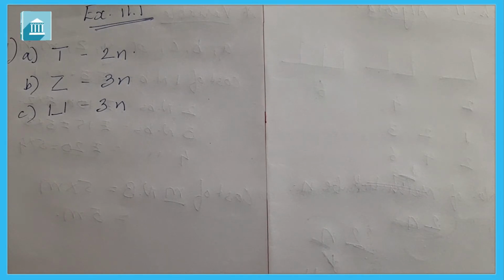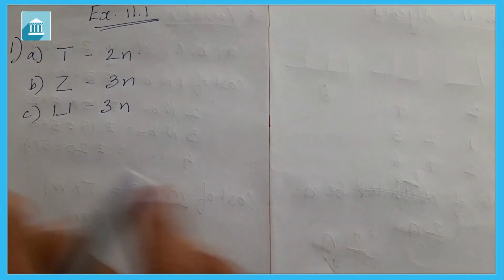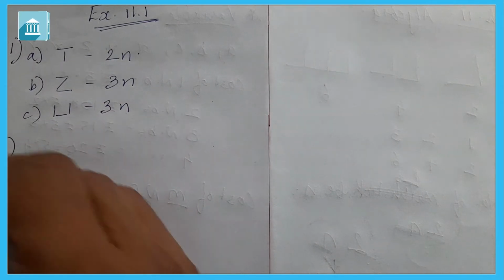Question number 3 is: cadets are marching in a parade. There are 5 cadets in one row. What is the rule which gives the number of cadets in the given number of rows? Use n for the number of rows. So, question number 3.